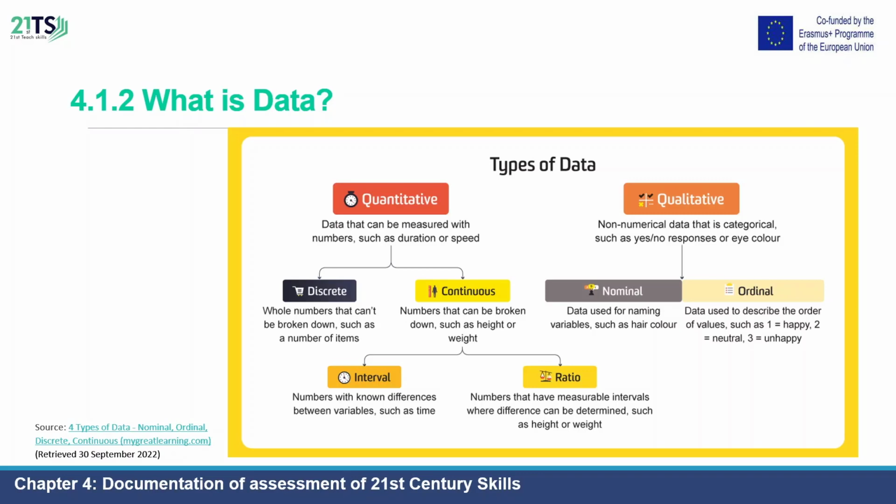In nominal data, used for naming variables such as hair colors, eye colors, the color of the skin, the group of people, and the ordinal data used to describe the order of value such as 1 for happy, 2 for neutral, and 3 for unhappy. So you can classify these kind of value into ordinal data.